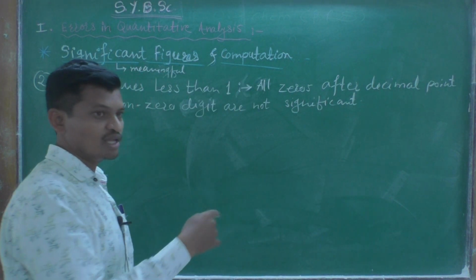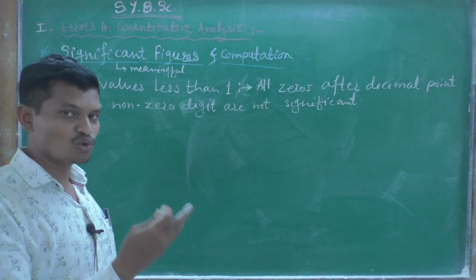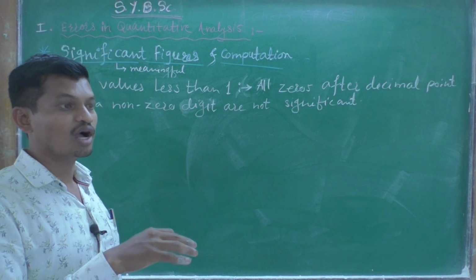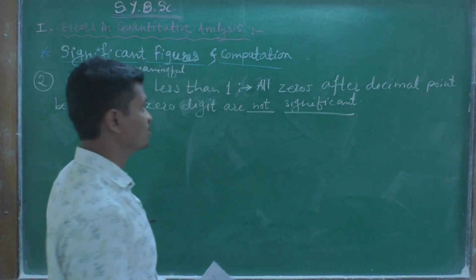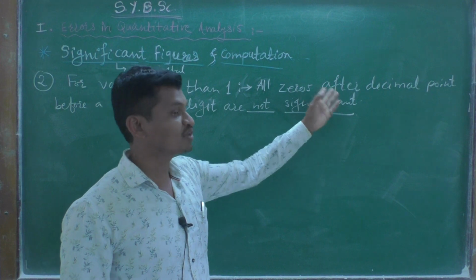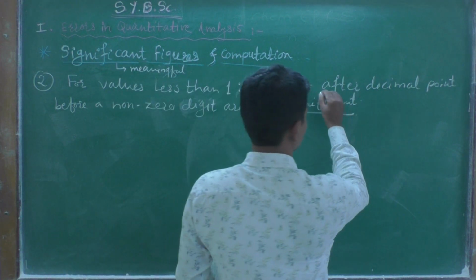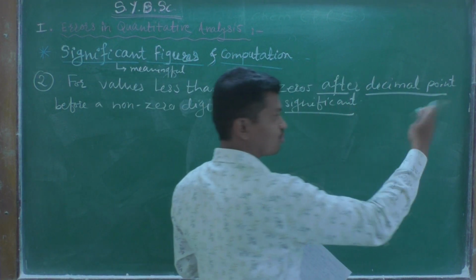So this rule is explaining which zeros in which number are not significant. Mind well, not significant. What is the rule? All zeros after the decimal point. This is the condition.